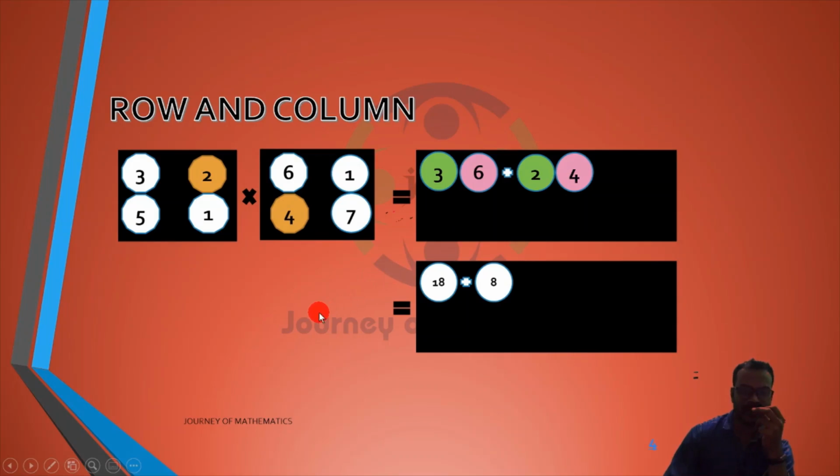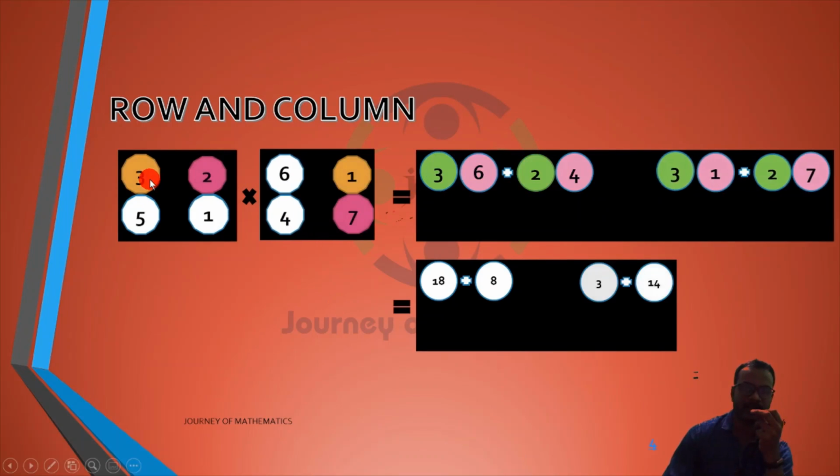Next, utilize the same first row and apply it for the second column. That means 3 into 1, 2 into 7. You have to take addition in between.